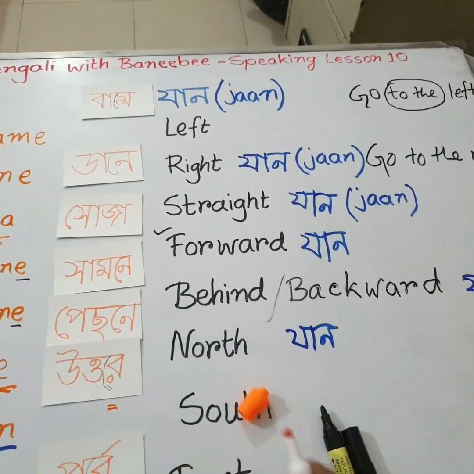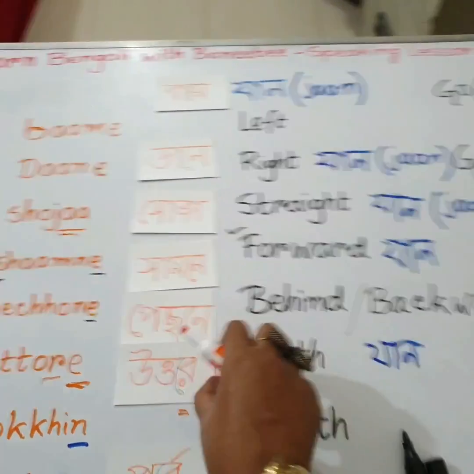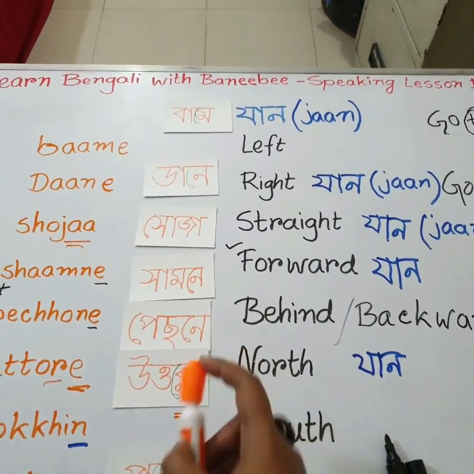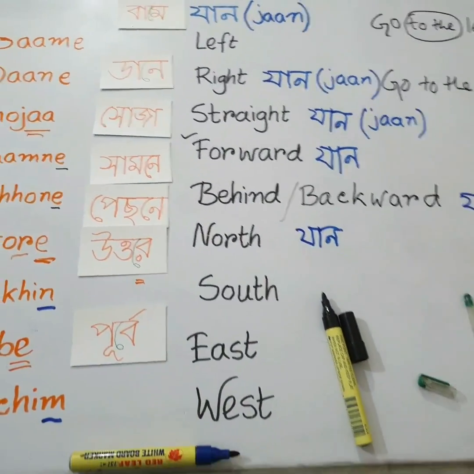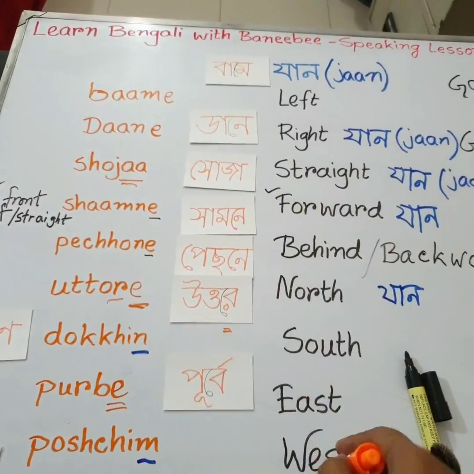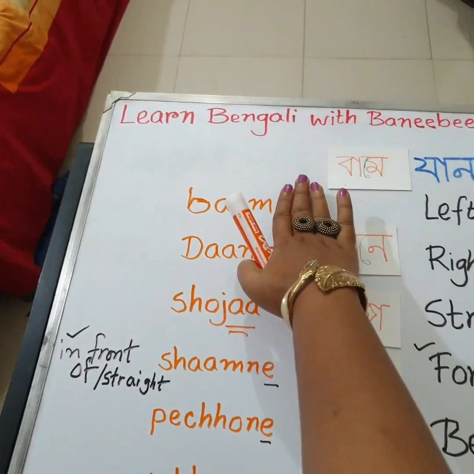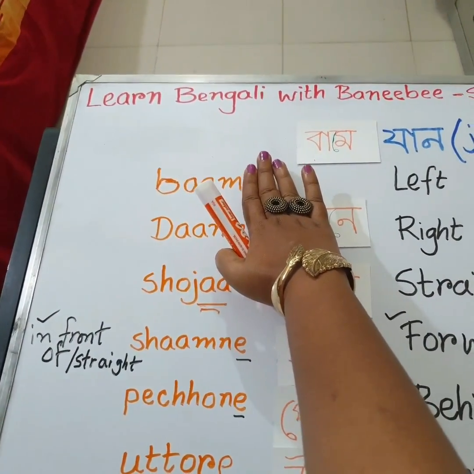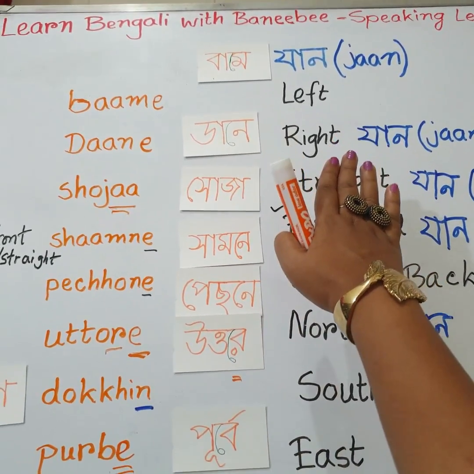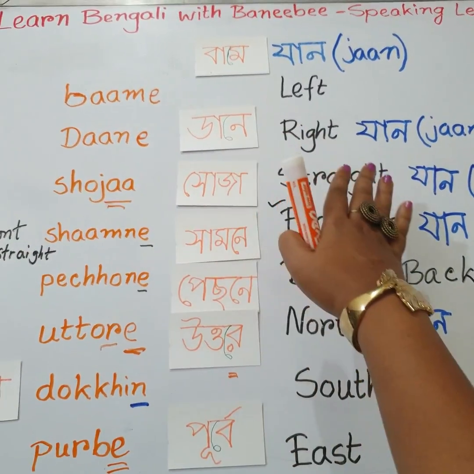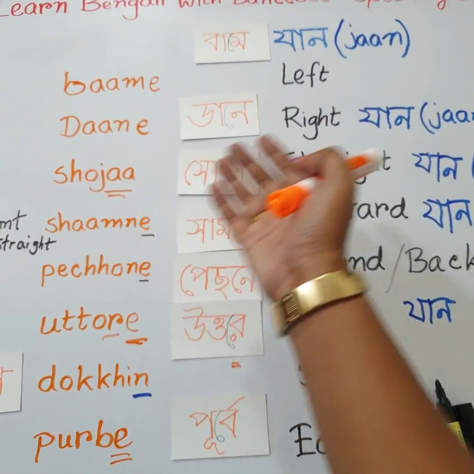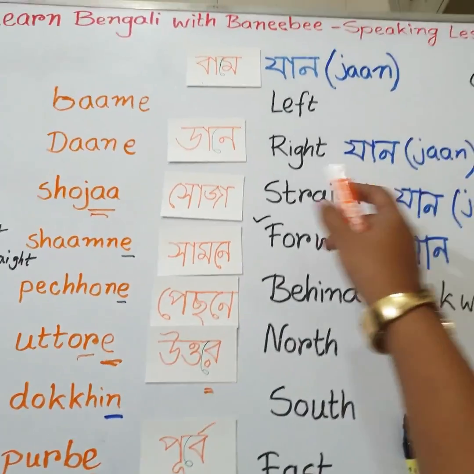So, yeah, that's it. What to do from this lesson? You will have to memorize these words. What is the Bangla for these words? Left is just bam, right? Left is just bam, but if you want to say bame, that means on the left, to the left, right?